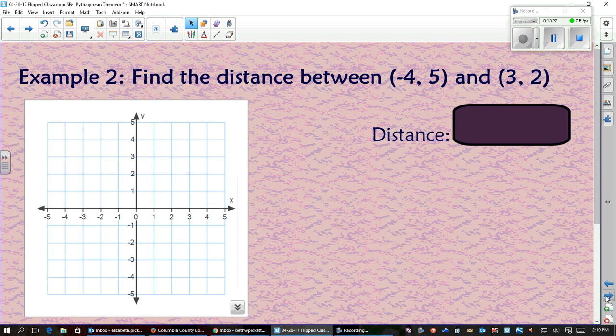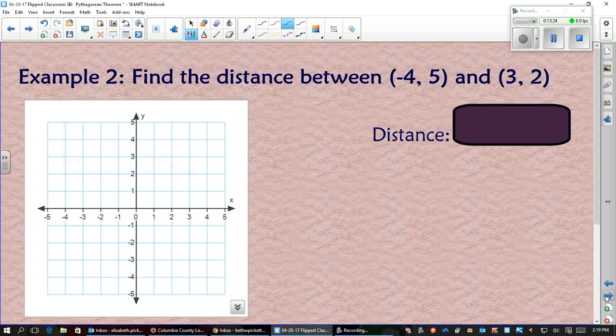Find the distance between these 2 points, negative 4, 5, and 3, 2. We want to find the straight line distance between these 2 points. We're going to make this so that that segment becomes the hypotenuse of a right triangle.